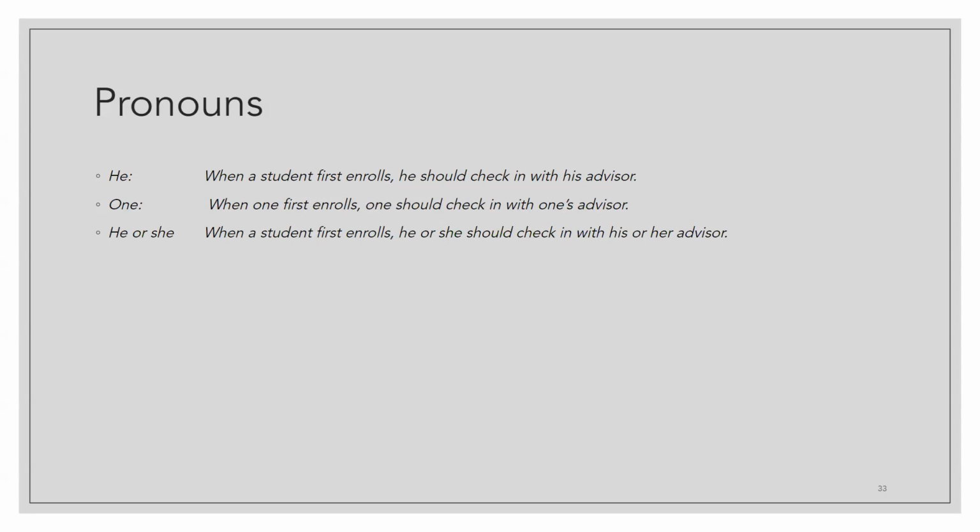But if I was writing a longer document, or if I was speaking and I had to keep repeating he or she, his or her, it might get a little cumbersome. So then I might look for something a little simpler. Okay, I could alternate, right? I could say a student and say she should check in with her advisor.